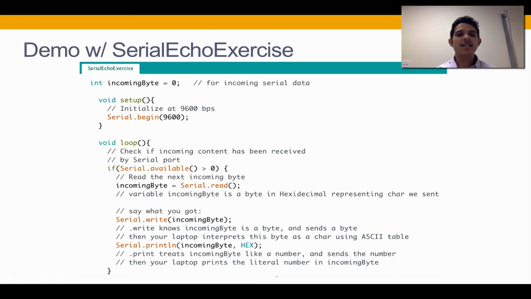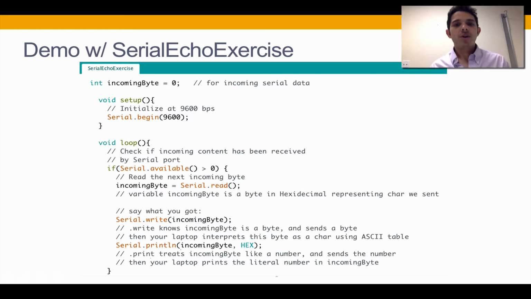Okay. Next, I want to do an example demonstration with our Arduino and the IDE to really demonstrate how this works. So here's what's going to happen. We are going to essentially create a serial communication channel with Arduino. So it'll be between our Arduino and the laptop.